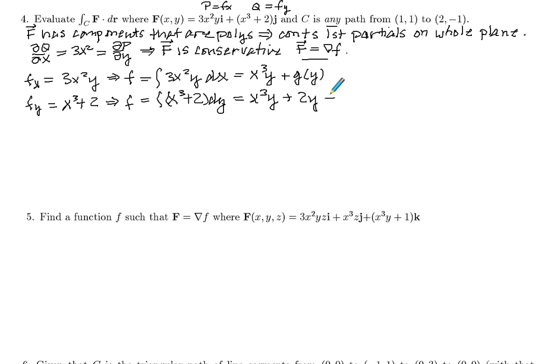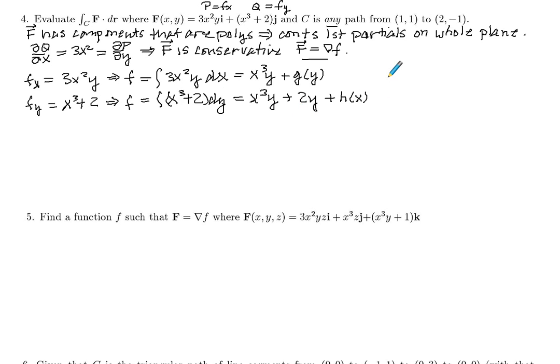But there could have been some terms left over that are only terms in x, and we'll call those h of x. So if this is our expression for f, there could have been some x terms on the end, and when we did the y derivative, this went to x cubed, this went to 2, and then these x terms went to 0.